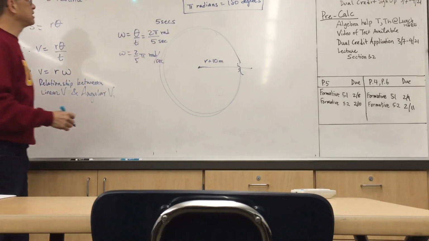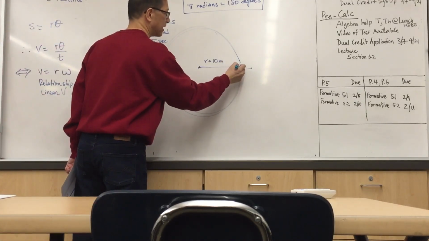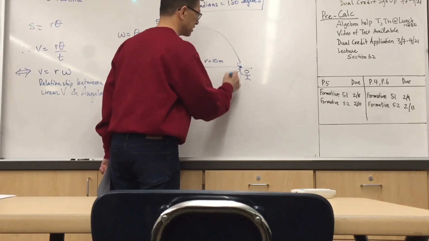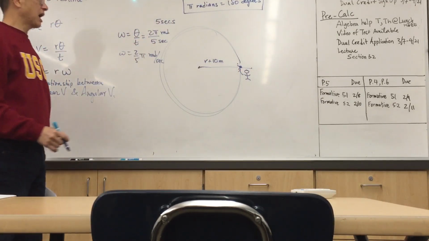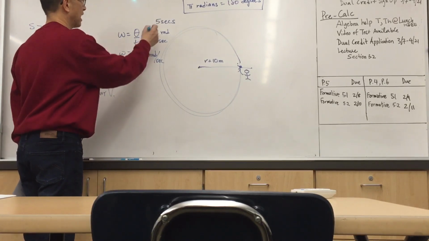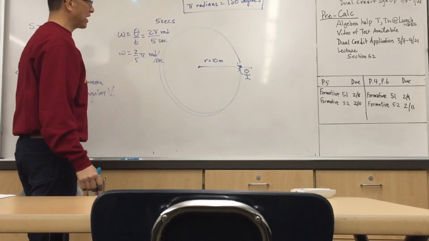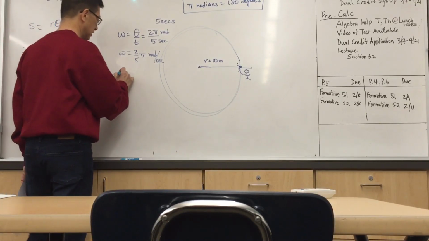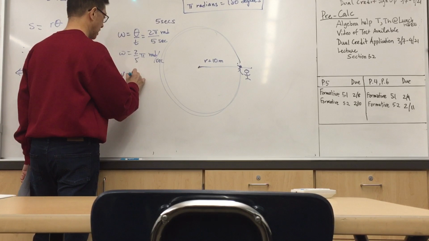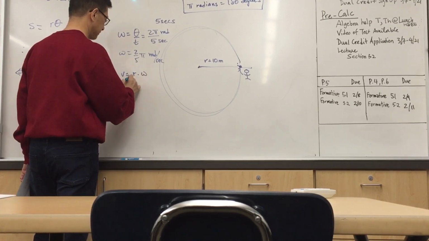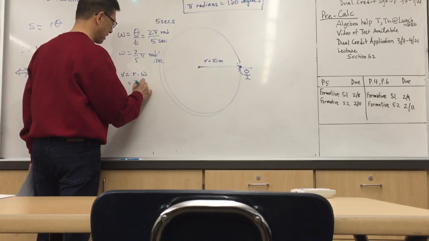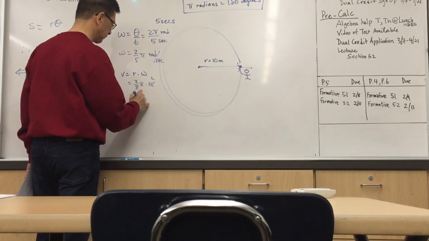If you're hanging onto the water wheel because you got stuck there for some reason, and the water wheel turns around every 5 seconds, what is your linear velocity? So the velocity is equal to r times omega, which is equal to 2 over 5 pi times 10, which is equal to 4 pi.